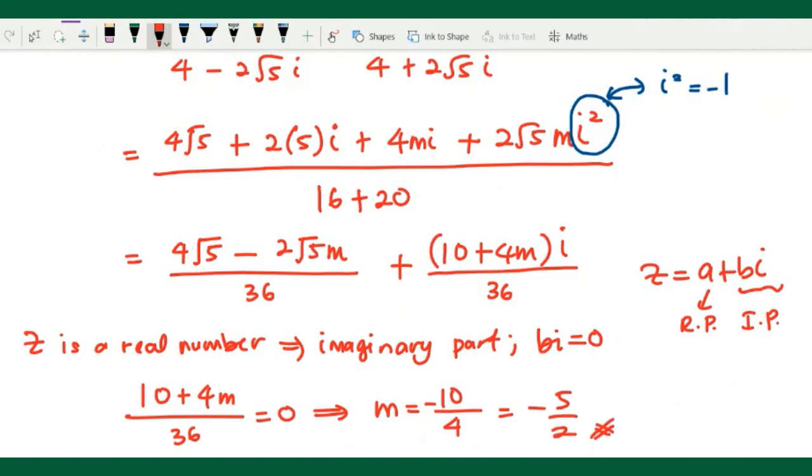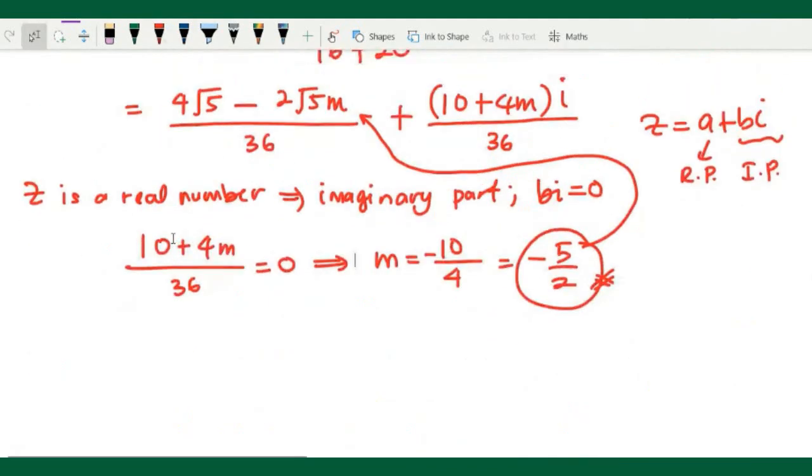Okay, now next question is find this real number. So apa set kita? Sebab kita dah ada kita punya M ni, sekarang kita ganti je masuk. Nanti on the real part, imaginary dah tak payah dah sebab memang dah kosong kan. Okay.